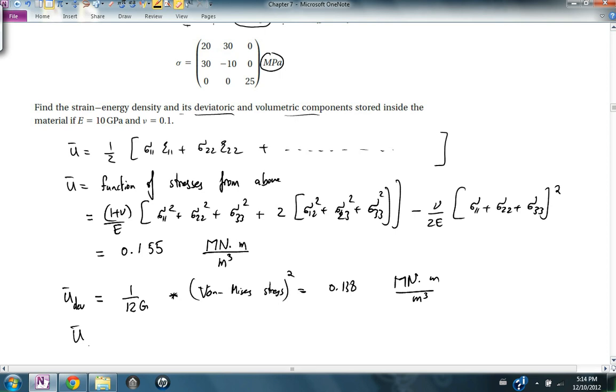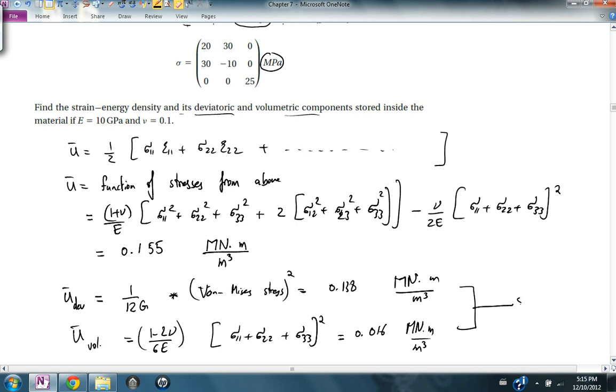And the volumetric will be equal to 1 minus 2 Poisson's ratio over 6e multiplied by sigma 1 plus sigma 2 plus sigma 3 squared, and this will be equal to 0.016 mega Newton meter per meter cubed, and you can verify that the sum is equal to the total.